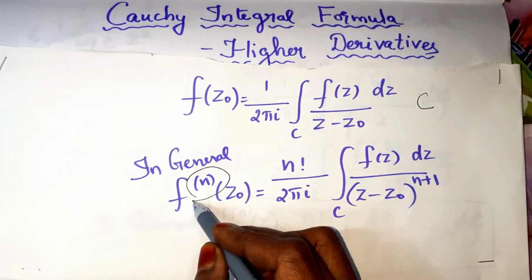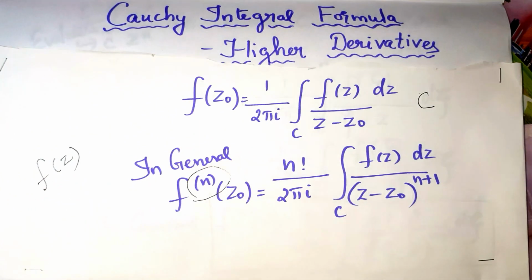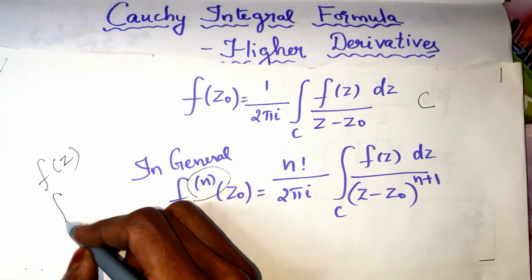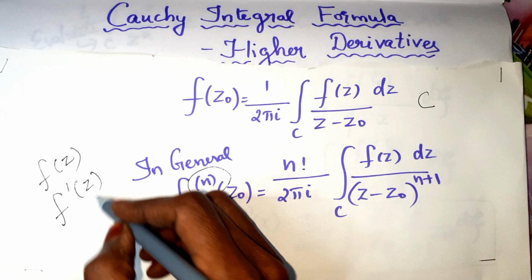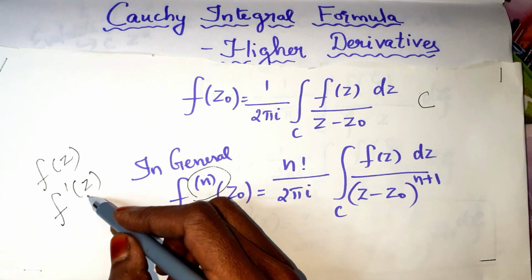This f dash of z, we have f of z, the function in terms of z, and this is the first derivative of f of z, and we are differentiating the function with respect to z.